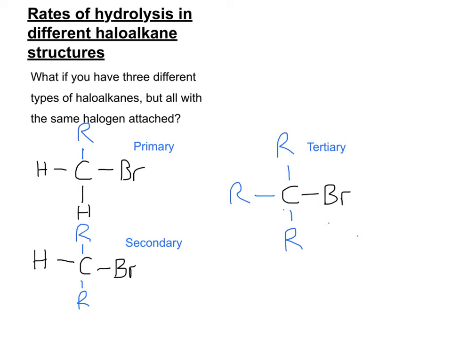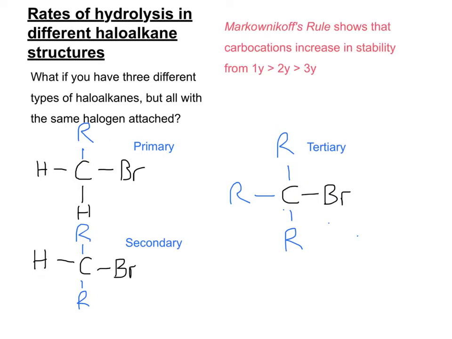So to think about this, we need to remind ourselves of Markovnikov's rule, which we looked at when we did alkenes. So in other words, the more R groups there are, alkyl chains, that is, on the carbon atom to which the halogen is attached, the greater the stability of a carbocation that could be produced if we were to remove that halogen. So let me show you what I mean.